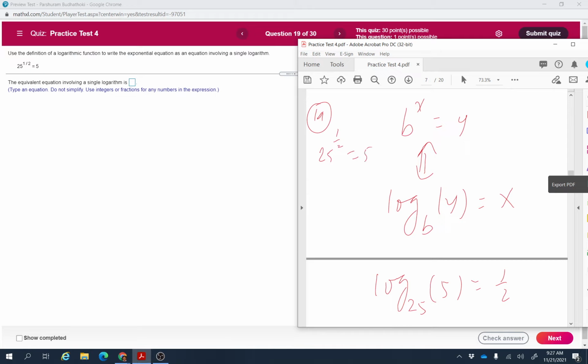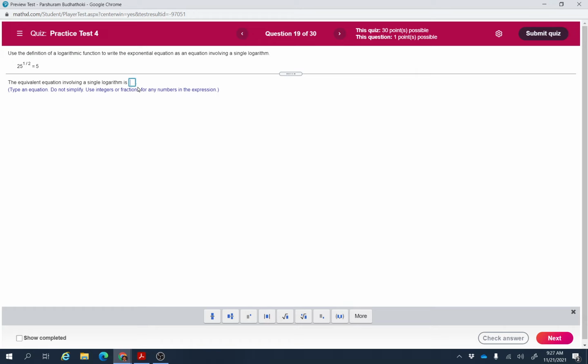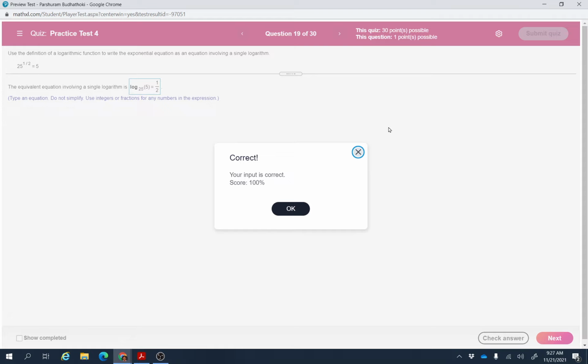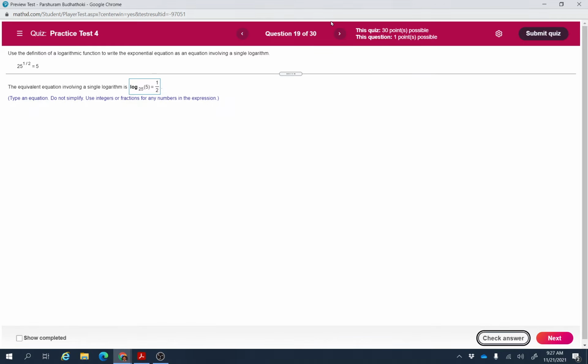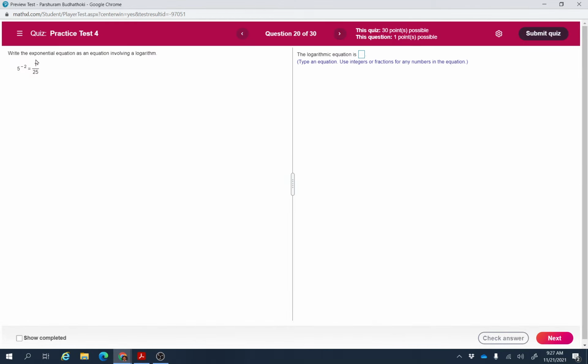So b is 25, x is half, and y is 5. So the equivalent equation is log base 25 of 5 is equal to half. I use the very same expression for the next one, so I'm going to skip it.